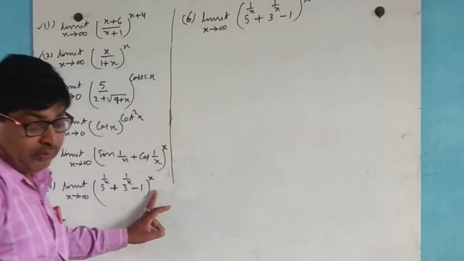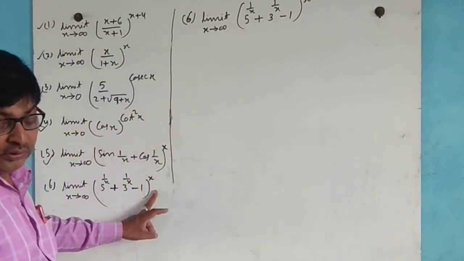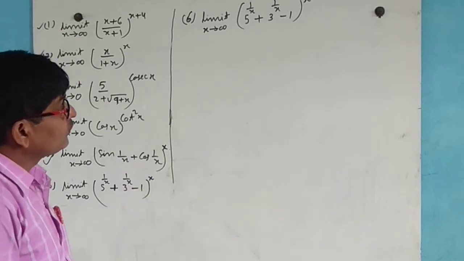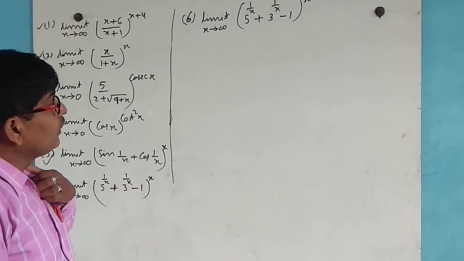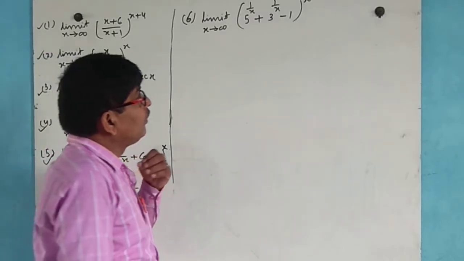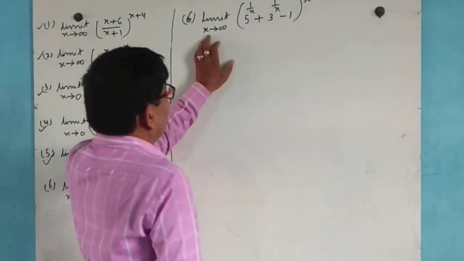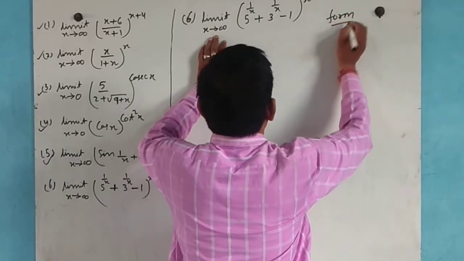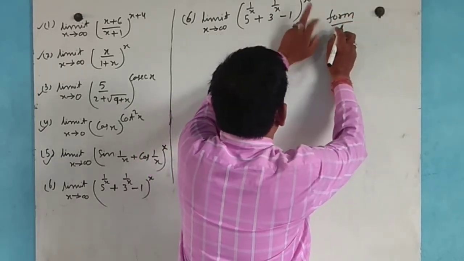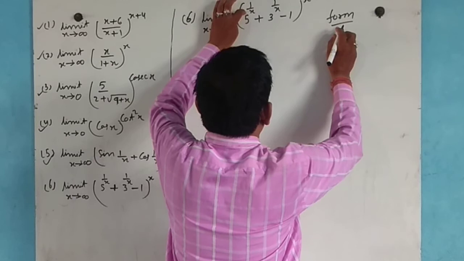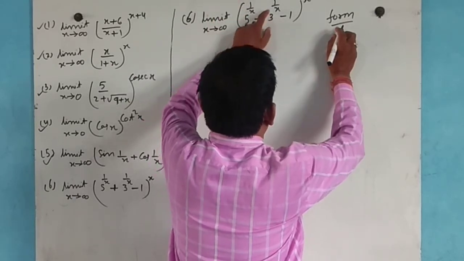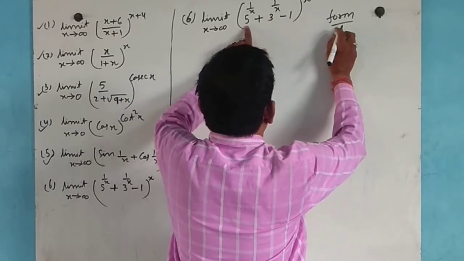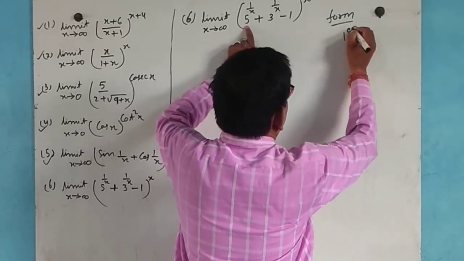Now here x is equal to infinity, 1 by infinity is 0, 5 to the 0 is 1, 3 to the 0 is 1, 1 plus 1 minus 1 is 1, so this is 1 to the power infinity form.